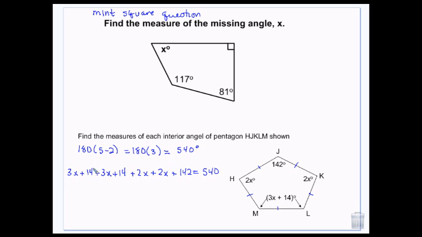Okay. So 3x, 6x, 8x, 10x. And then I have 14, 28, plus 142, so that's 170.